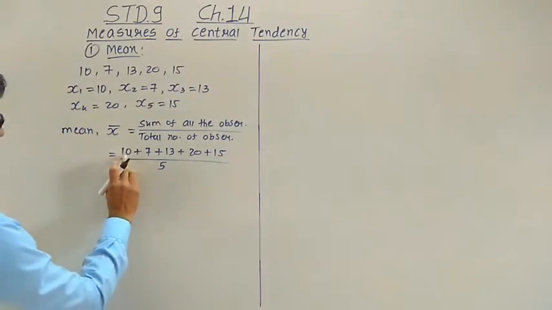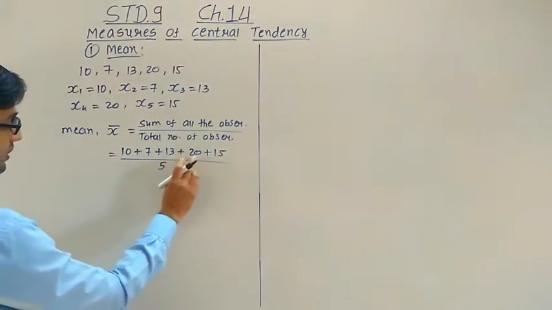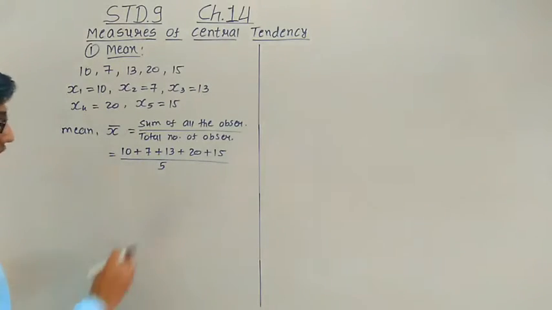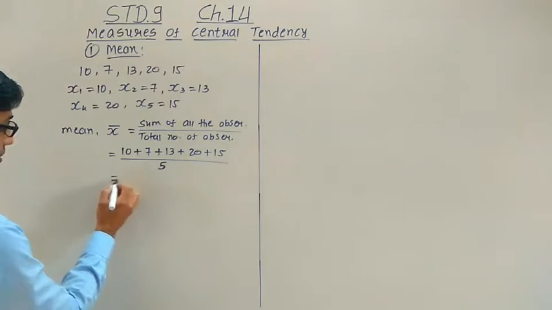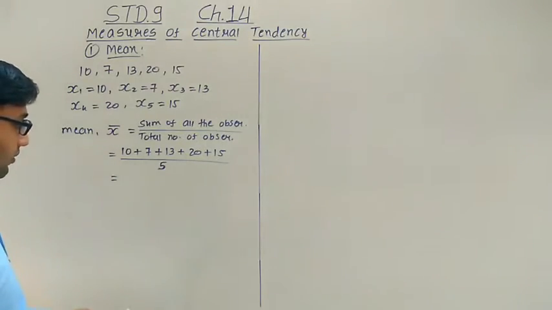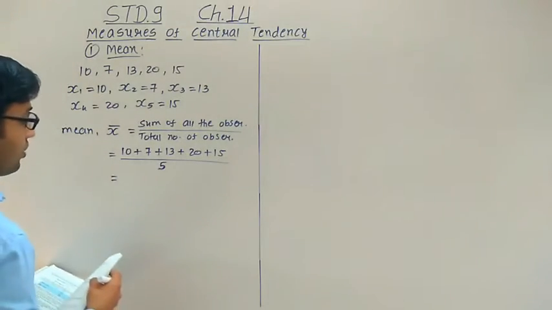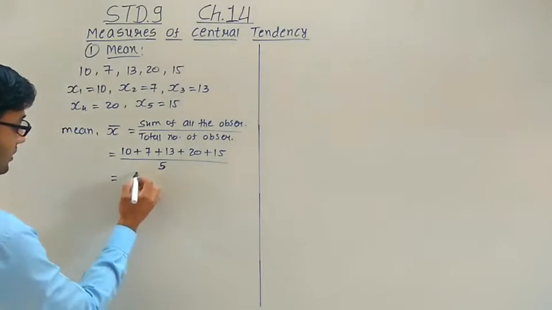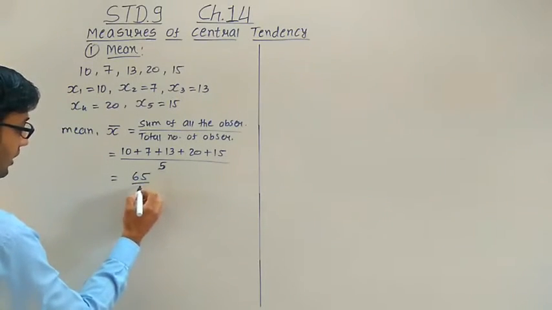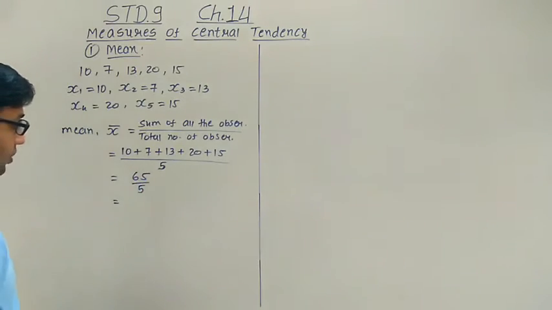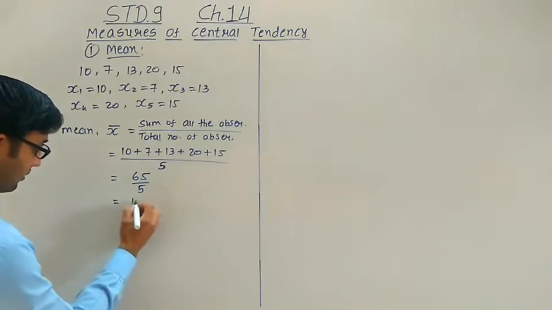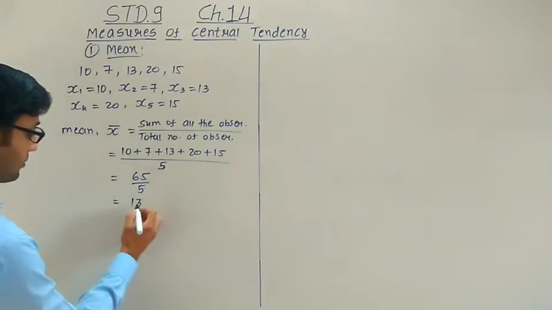Right? So actually these values are what? x1 plus x2 plus x3 plus x4 plus x5, and the total observations is equal to 5. Now add all these numbers and divide it by 5. So here the total we get is 65, and the division is by 5, right? 5 times 13 is 65.